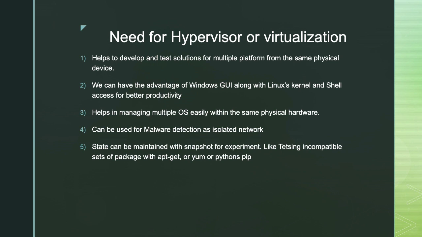So you can have access to a GUI of a Mac and some Linux shell for productivity purposes. Same thing, you need a Windows GUI for some purpose, and then you can have a Linux altogether. It also helps in managing operating systems easily within the same physical hardware.